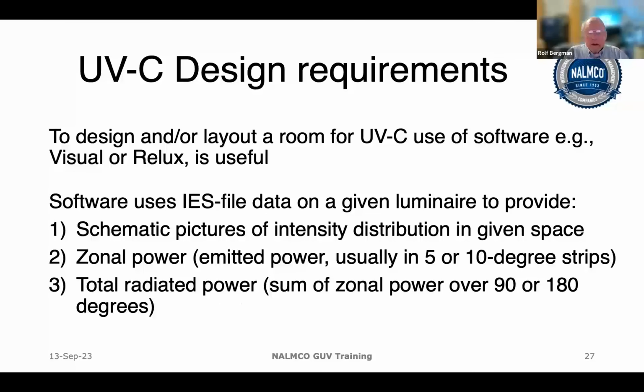I'm aware of 2 software packages, one from Acuity Brands called Visual and one from Signify called Relux, which are layout packages or software that can take input of an IES file and use it to help design a room and to know how much radiation is in any given part.